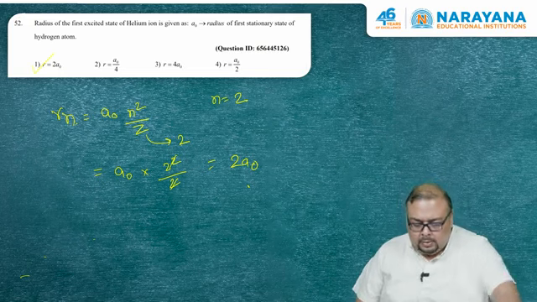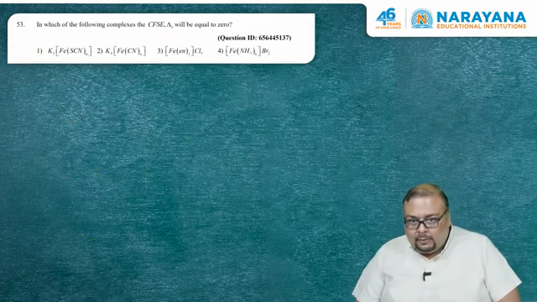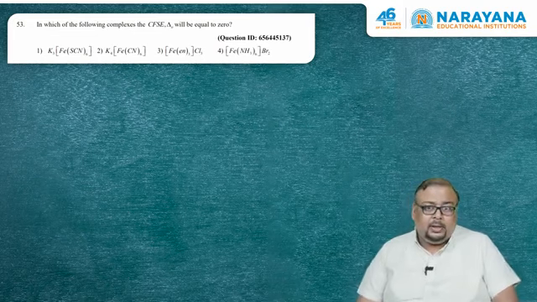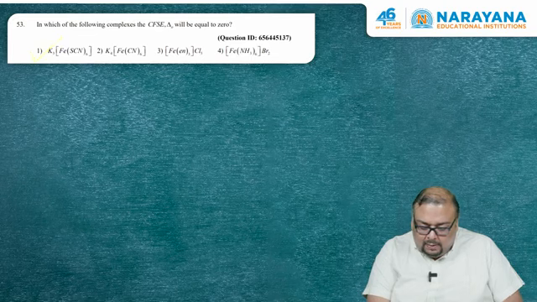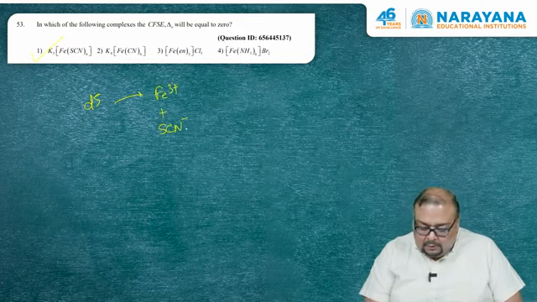After that we have question number 53. Which of the following complexes has CFSE, crystal field stabilization energy, delta naught equal to 0? The answer will be K3 Fe(SCN)6, because in this case you have a d5 configuration for Fe3 plus and a weak field ligand, SCN minus.